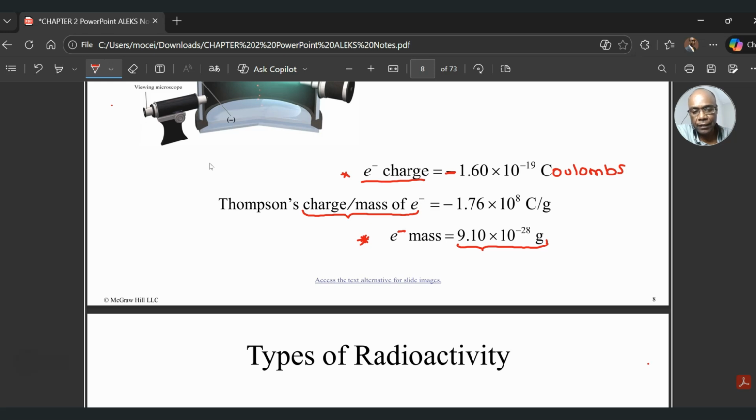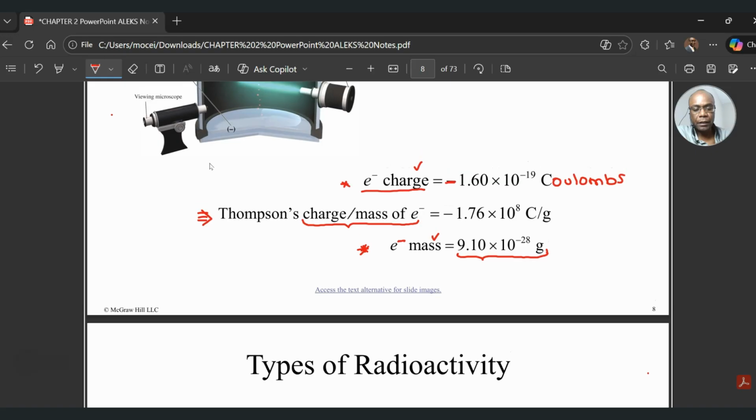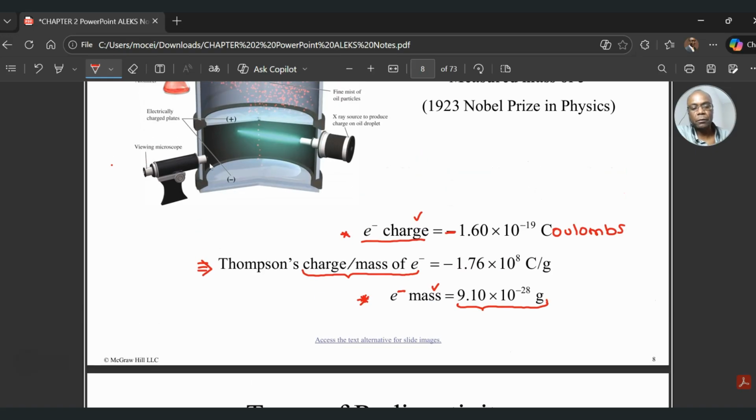So now we can use the charge and the mass to prove Thompson's number to be right, and to show that Millikan's experiment agreed with Thompson's value of charge to mass ratio of an electron from the cathode ray tube.